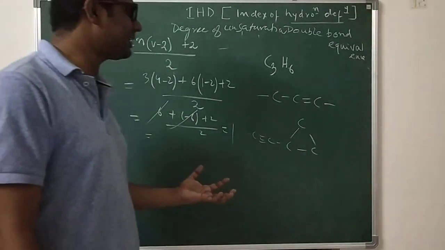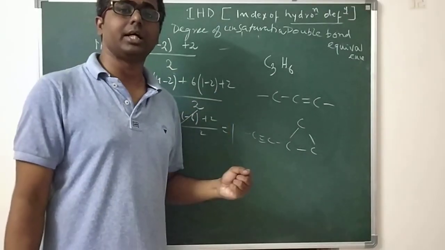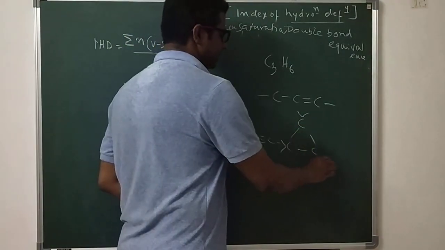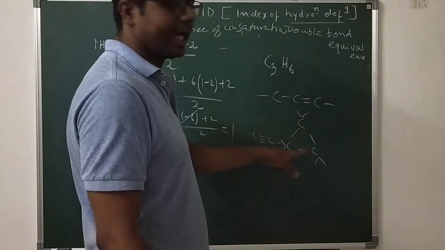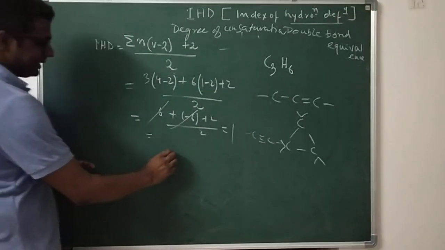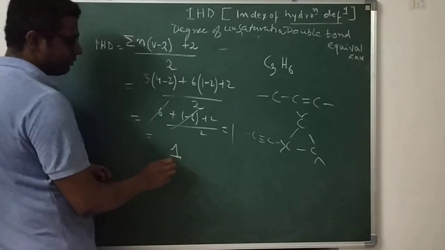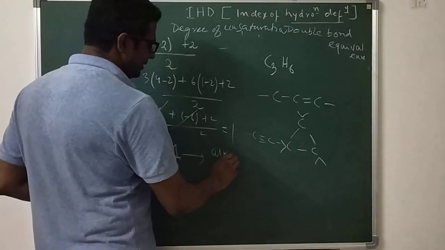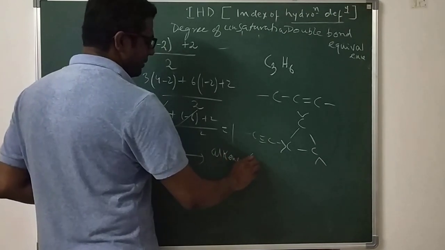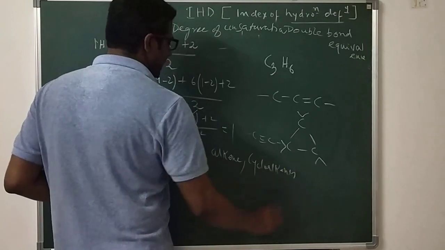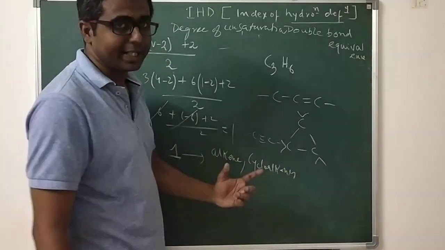It basically matches with the formulas of the alkenes. 2 hydrogens, 2 hydrogens, 2 hydrogens. C3H6. So it matches. So basically, if IHD value is 1, there can be possibilities of alkene, there can be possibilities of cycloalkanes. That means there can be a ring.